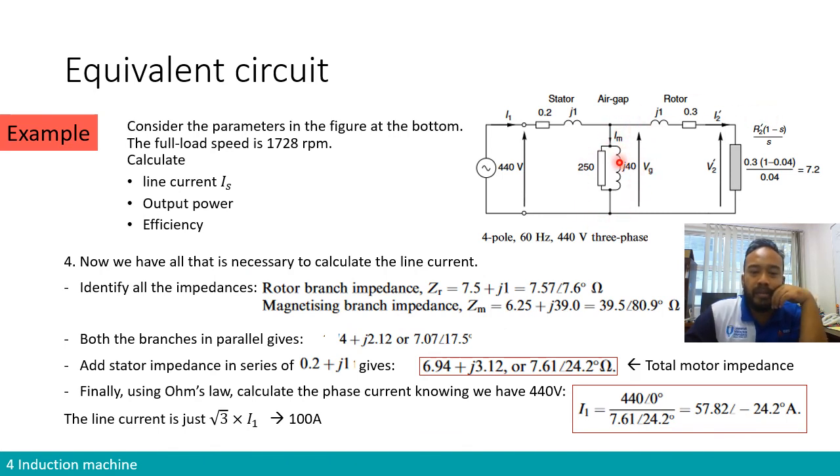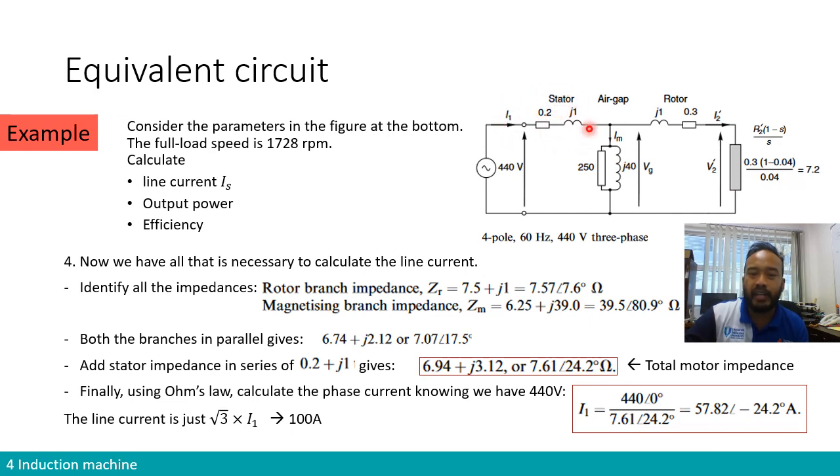So both of them are in parallel. If you do the calculation in parallel, if you find the equivalent of both, you will find that it is equal to this particular impedance in parallel. It is in series with the stator part.